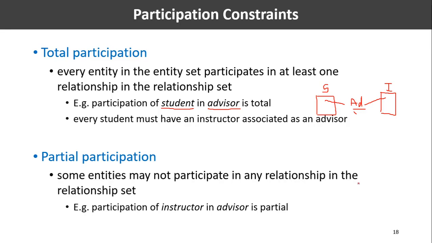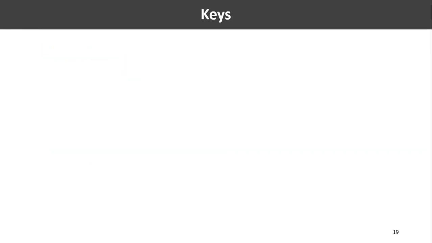Okay, now let's see the concept of keys. This is a really very important concept. There are various kinds of keys that we make use of while describing database systems.